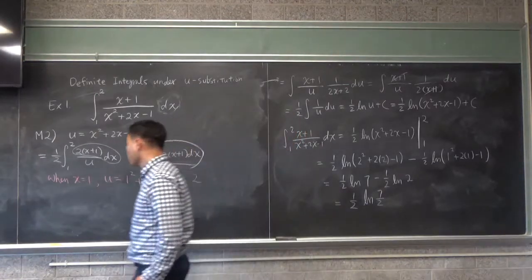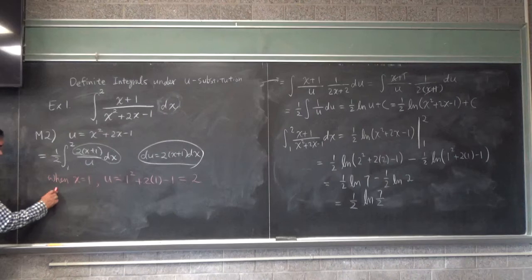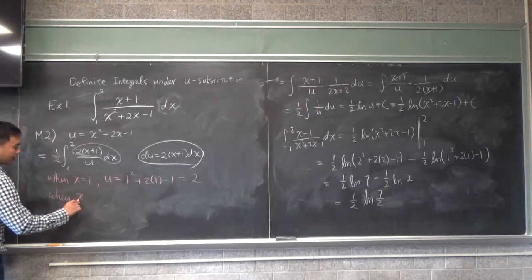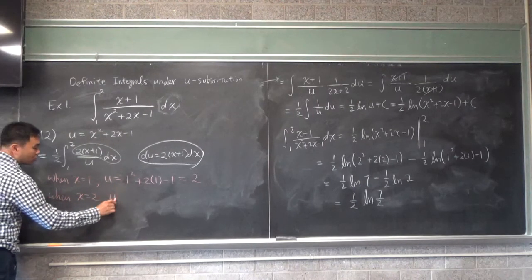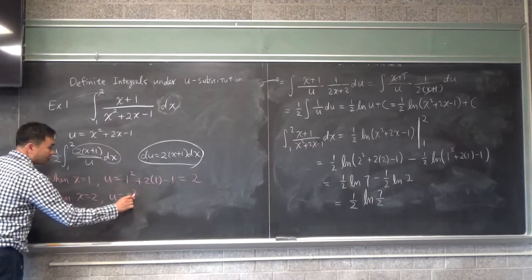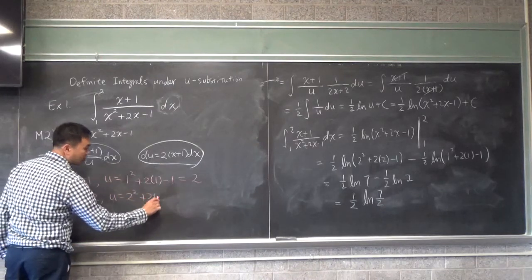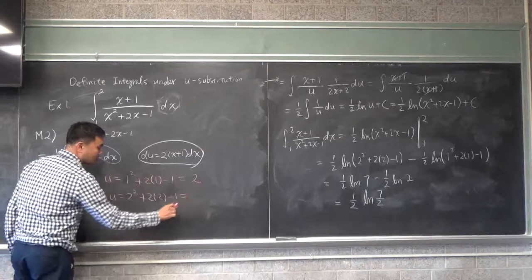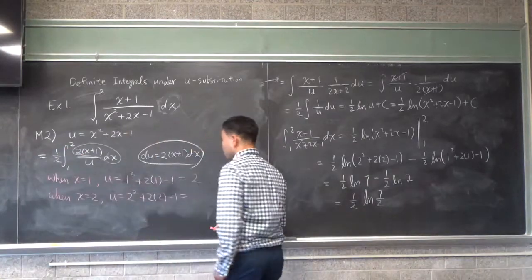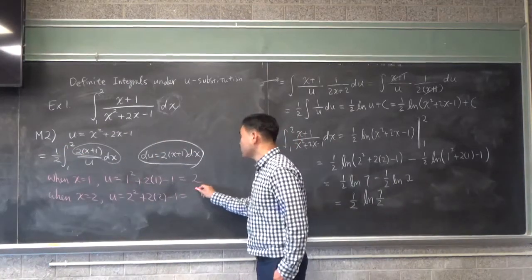When x is equal to 2, u is equal to 2 squared plus 2 times 2 minus 1, which is 7.